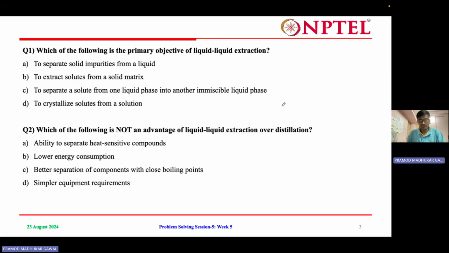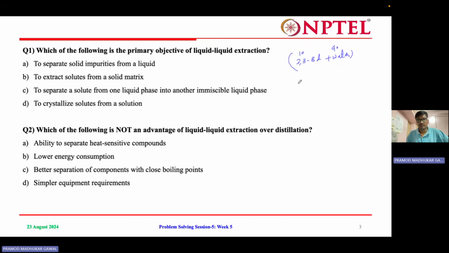For example, 2,3-BD and water, generally present in fermentation routes. Here 2,3-BD is present at about 10% and water 90%. So water is the carrier and 2,3-BD is the solute, right?